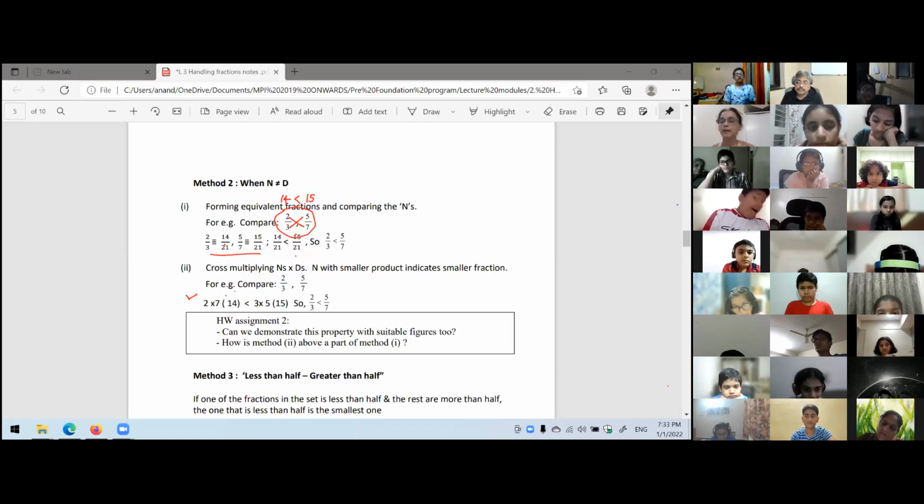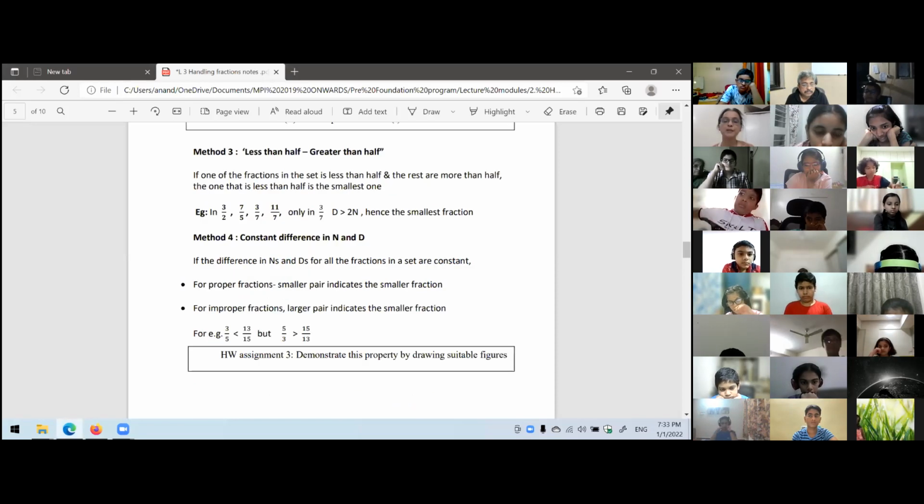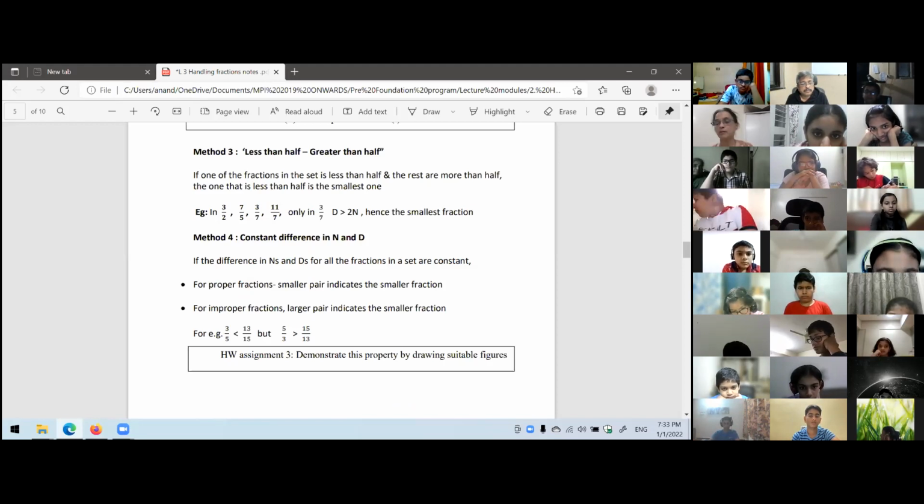Then there is one more very nice method. Sometimes out of all the fractions given to you, if you carefully observe, suppose I want to find the smallest fraction in 3 by 2, 7 by 5, 3 by 7 and 11 by 7. One thing I can see is all 3 by 2, 7 by 5 and 11 by 7 are improper fractions. N is big and D is small. So they all are going to be greater than 1.